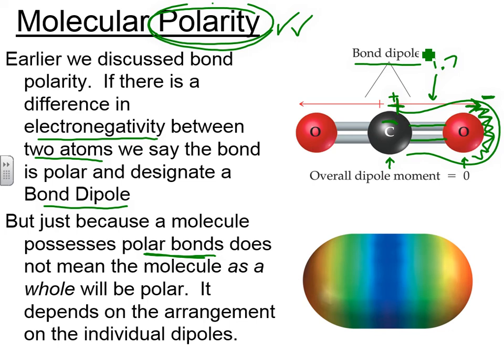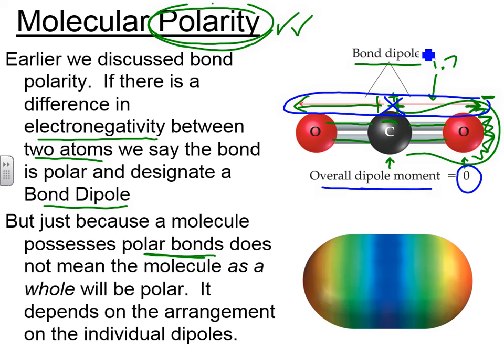In the case of carbon dioxide, you have the exact same bond going this way and the exact same amount of polarity in the opposite direction, so these two cancel each other out. Because the polarities pull in different directions, the overall polarity of the molecule is 0. This is called the dipole moment of the molecule.